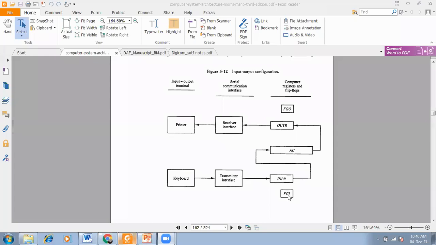FGI is controlling. Until this communication is completed, you can't take the data once again. When the communication from INPR to AC is completed, then you will take the next data. So INPR, OUTR, the output register, and FGO and FGI are most important here.